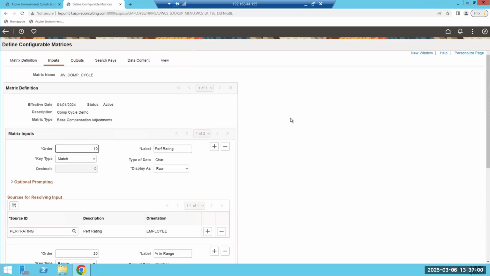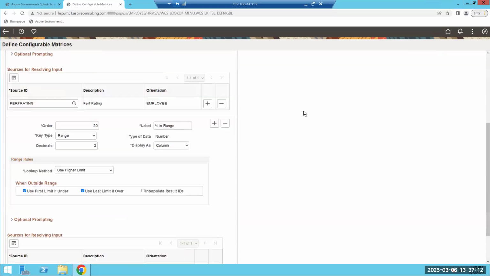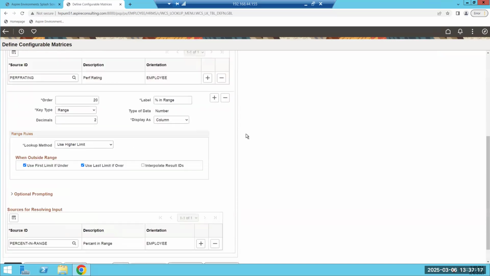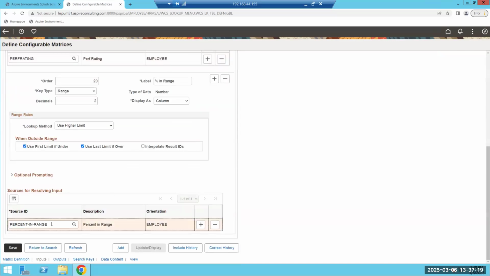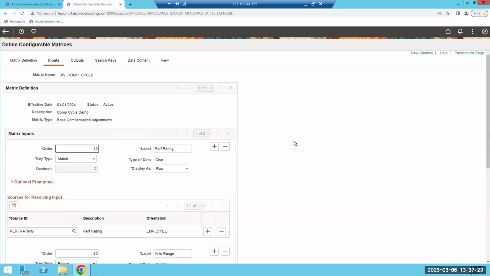And inputs, you might have different percentages, or you might be doing it differently by business unit or by company. This particular one we did by rating and we did by percentage and range. So kind of a matrix of that.